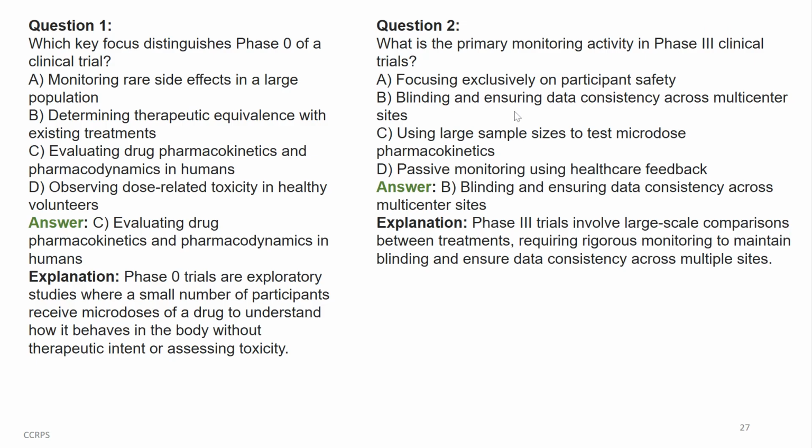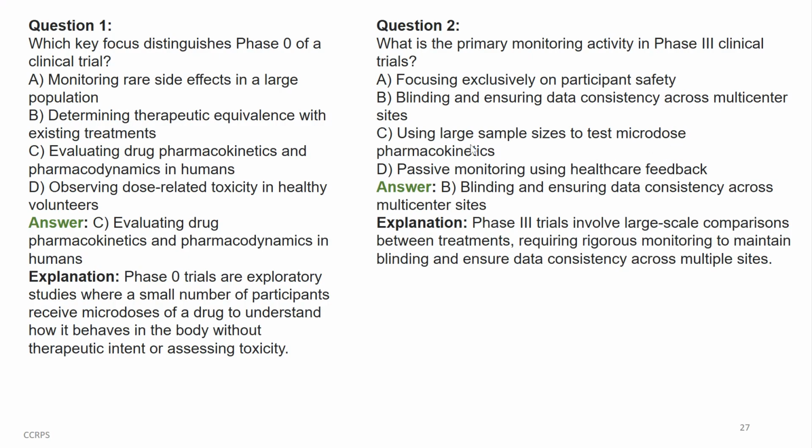B, blinding and ensuring data consistency across multi-center sites. Well, blinding, masking, and ensuring data consistency across multi-center sites, mostly this will be the answer. More probably, C, using large sample sizes to test microdose pharmacokinetics.